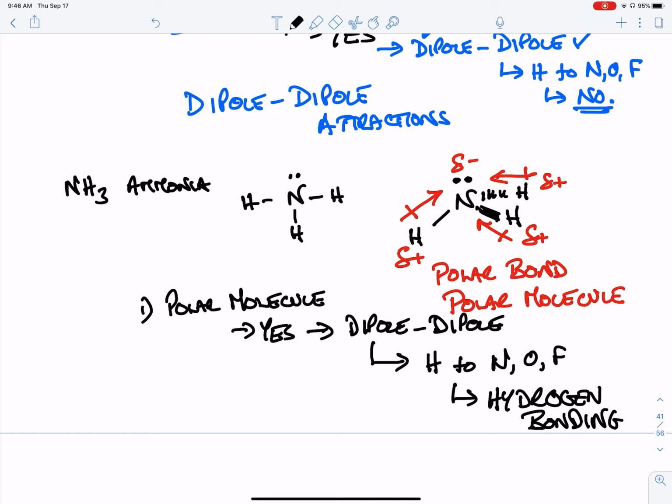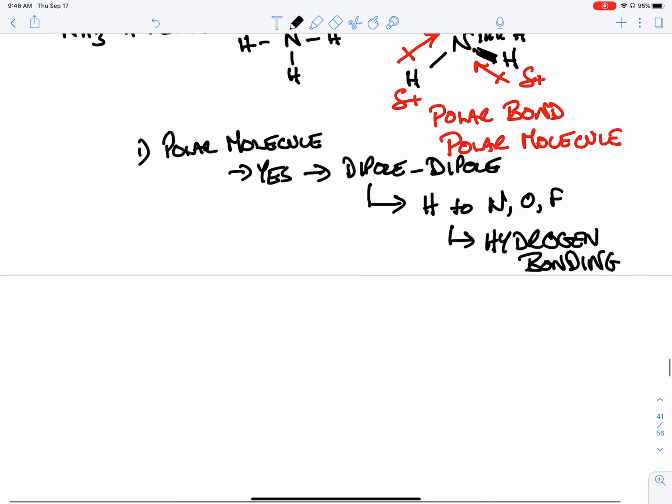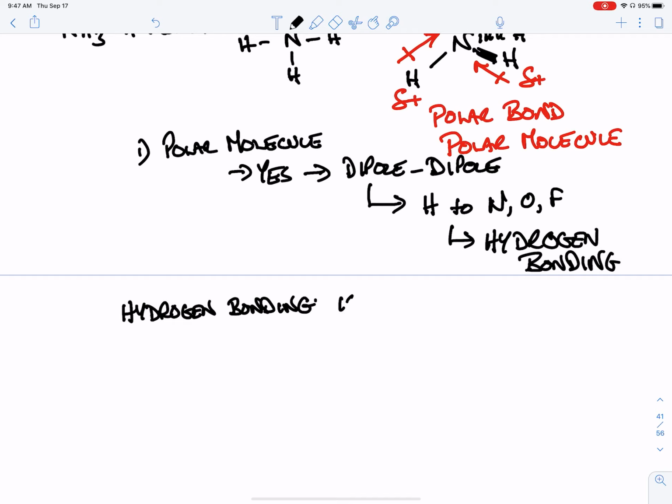And so hydrogen bonding is a subset of dipole-dipole attractions. It adds an additional attractive force, which actually is a very strong intermolecular force. In fact, it's the strongest intermolecular force. So hydrogen bonding is the strongest intermolecular force.